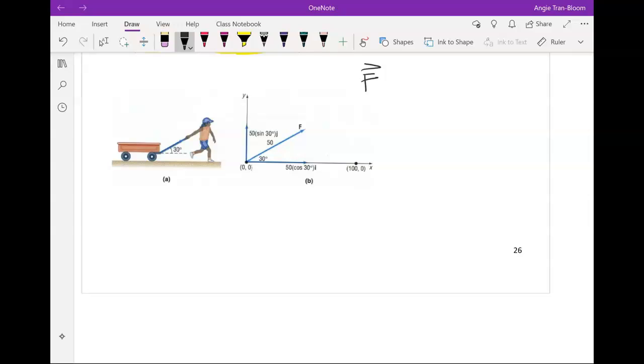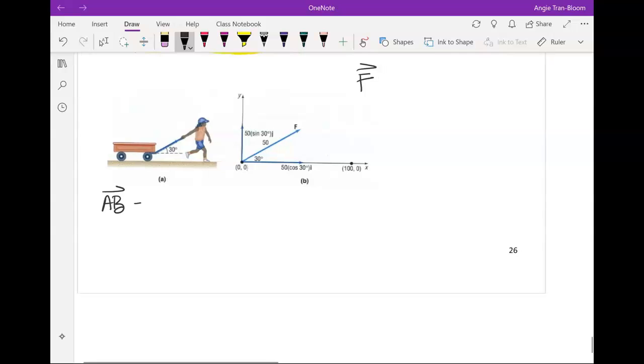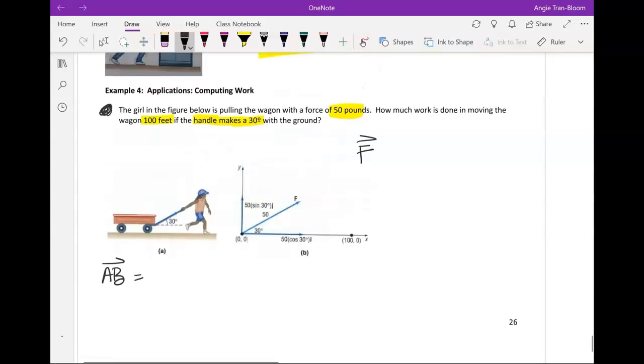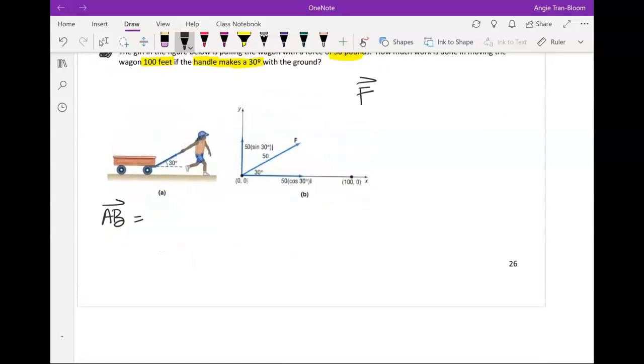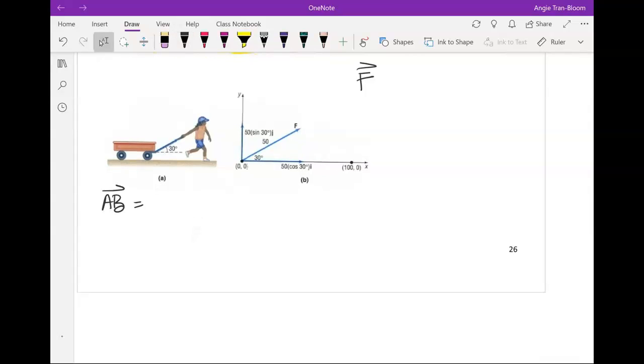We need to find the force, and we need to find the distance of AB. The distance of AB is pretty easy. She's moving 100 feet, so if her starting point is at the origin, we move it 100 feet horizontally, so that's just 100i, so that's not too bad.